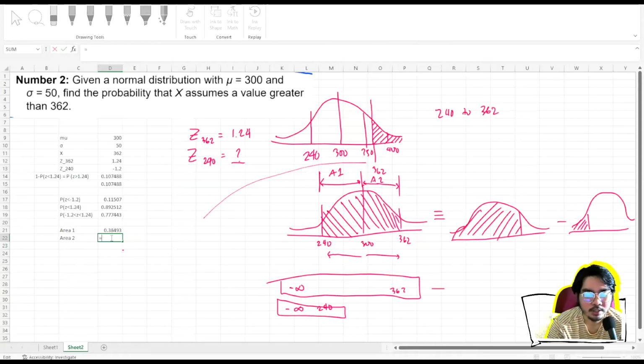So, this is just also equal to norm.s.dist ng z, which is 1.24, cumulative, minus 0.5 naman. Tama? Kasi if you want to get area 2, so you get 0.39. So this is 0.38. This is 0.39. And if you get the total area, equals sum, itong dalawa, then you get the same value, no? So it's the same value.